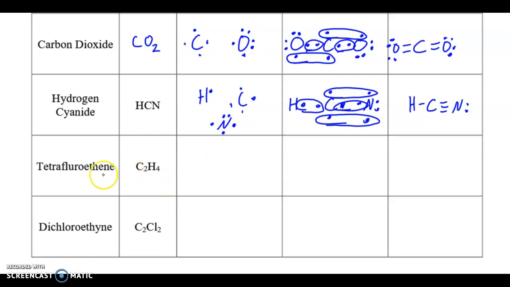That's a problem with the worksheet. Tetrafluoroethene is not C2H4. That would be C2F4. I'll have to go back and change that on my copy of the worksheet. So anyways, let's do our carbon and our fluorine.